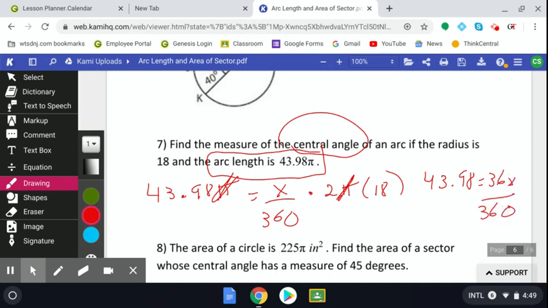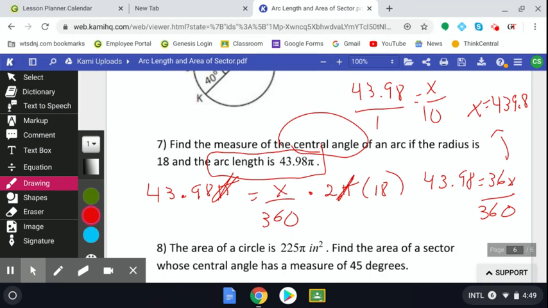And then you could simplify it to 43.98 over 1 is equal to x over 10, which means when you cross multiply, it would be 439.8.